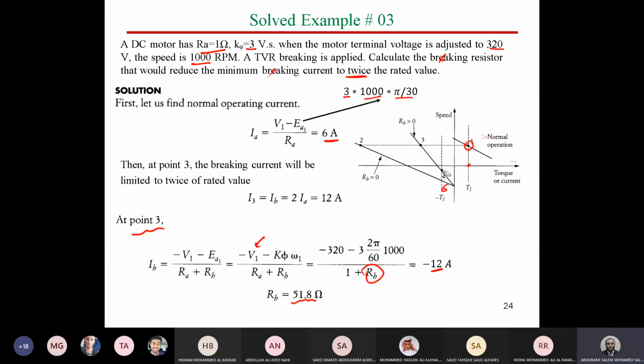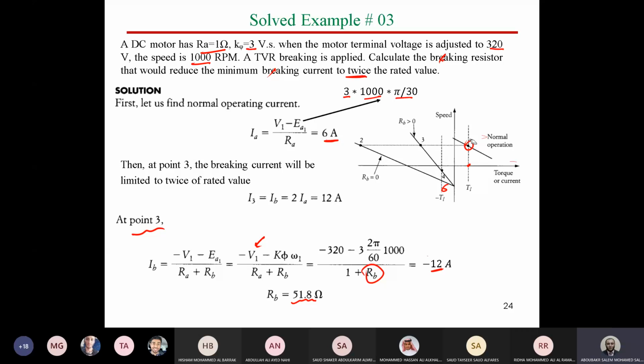Now the final operating point is number 4, because this is now considered as minus TL. However, the speed is not similar to the speed of the first operating point. Is it right? Yes, the speed at 4 is lower than, of course it's in the opposite direction, but still lower than the speed at point number 1.